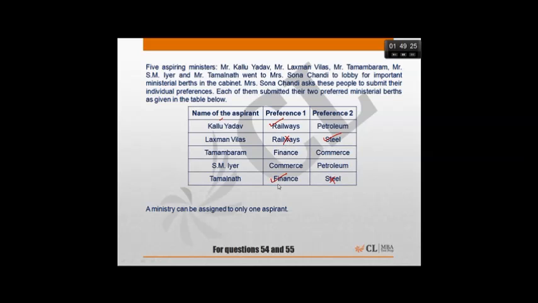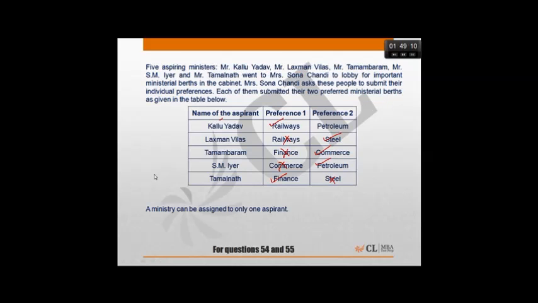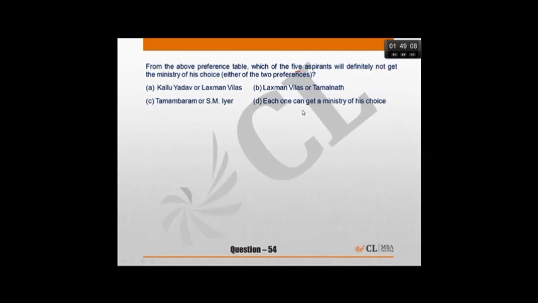That means finance has to be here, and if finance is here, then commerce has to be here. So there is definitely one case in which everyone gets either of the 2 preferences. So I will say each one can get a ministry of his choice. The correct answer has to be choice D. That was good, 54, 55 done.